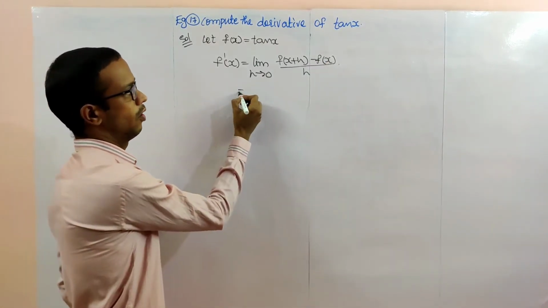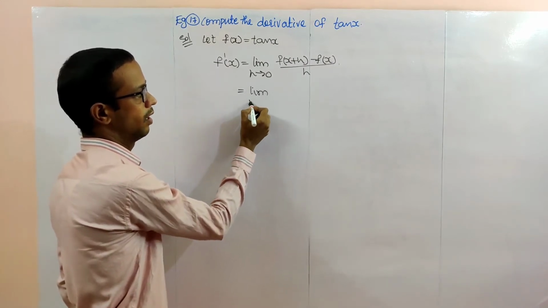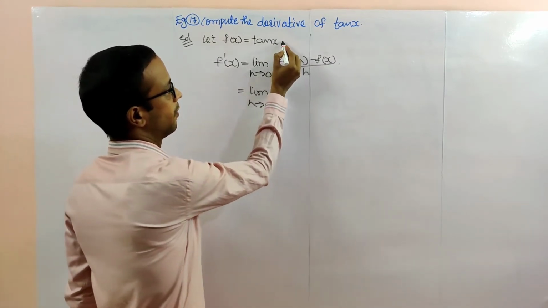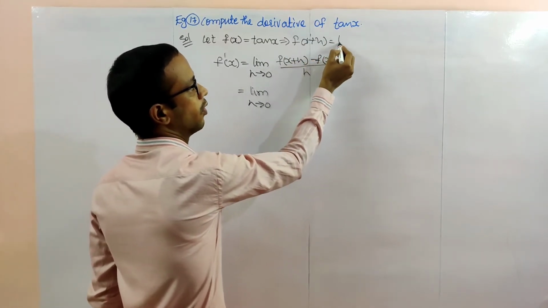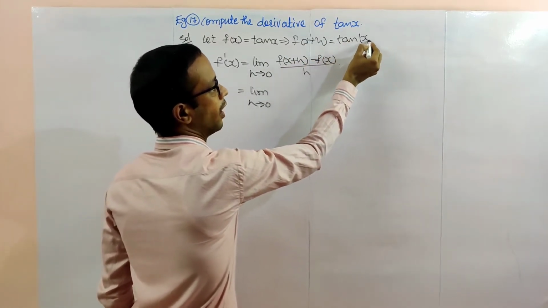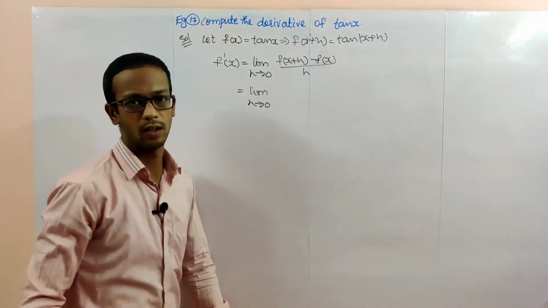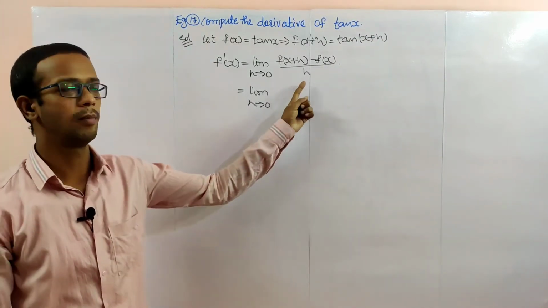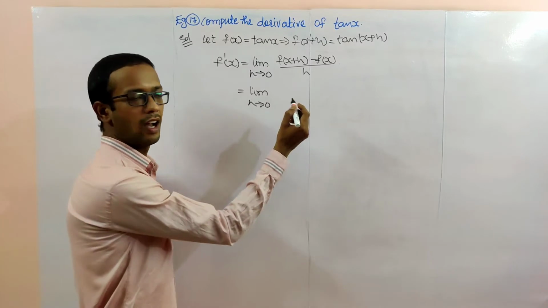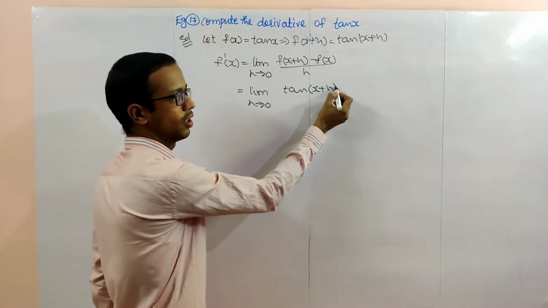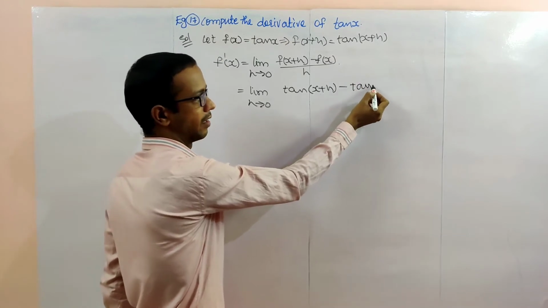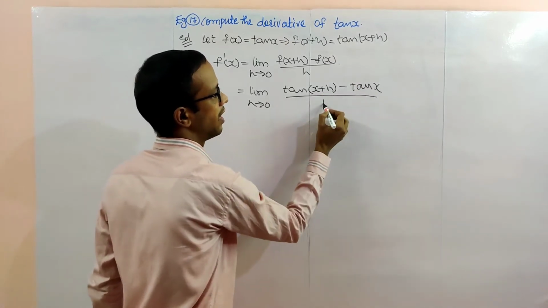So now we have to substitute here, limit h tends to 0. First I am writing f of x plus h is equal to tan of x plus h. F of x plus h is nothing but tan of x plus h. Here we have to substitute the values: tan of x plus h minus tan x, divided by h.